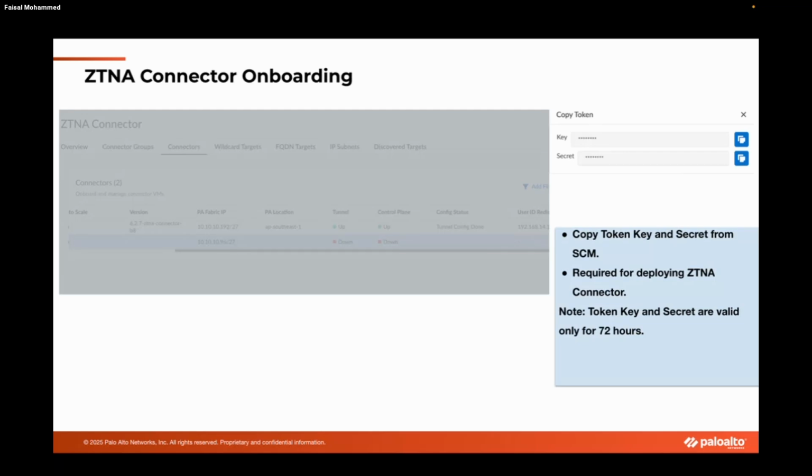Okay, so at that time the keys will be reused. But aside from that, once you generate it, you have 72 hours to bring your connector online. And if for some technical reason you cannot connect to the PA controller and bring the connector online, then you need to regenerate or create a new token, or you need to create a new connector. Delete the previous connector and create a new connector. Okay.